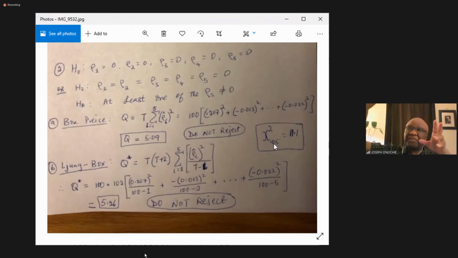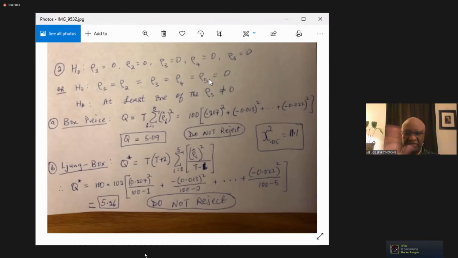So you identify 0.05, and then you look on the left-hand side, you identify T equals 100, the sample size, you will get this number, 11.1. You can also look it up in Excel these days. So because this number is less than this number, we do not reject the null. So we accept the null. And when we accept the null, we say they are jointly equal to 0. So you might argue that this is a white noise.